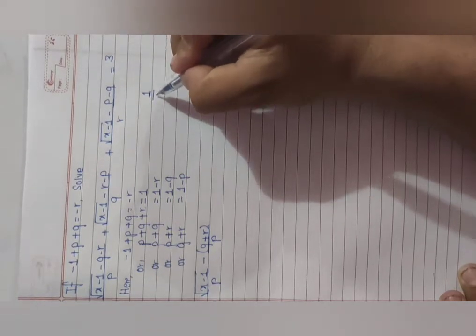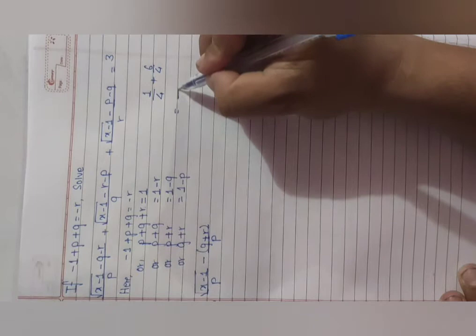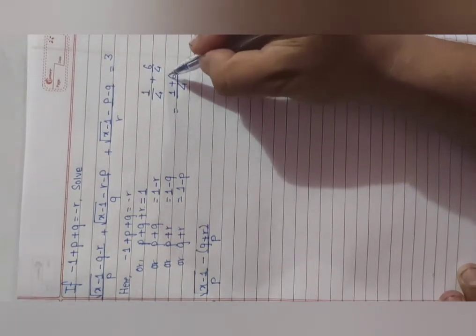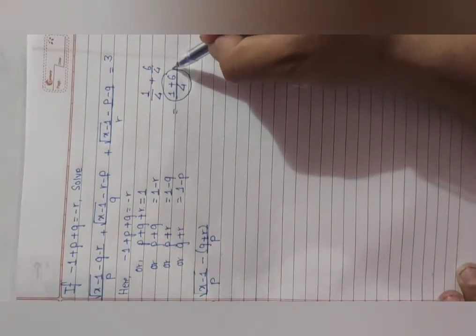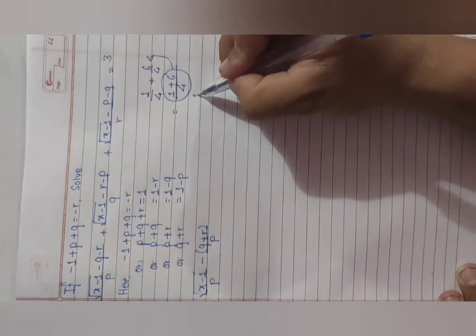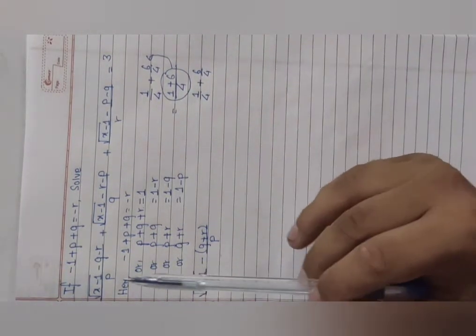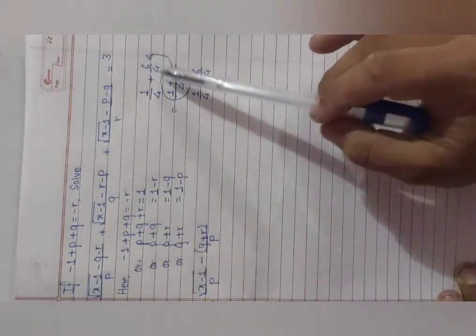If you have 1 by 4 plus 6 by 4, then we can write it this way. We can take LCM 4, and 1 plus 6 will be the same. The step that I have done here is just the reverse of this step. The reverse of this will be 1 by 4 plus 6 by 4 in the same way. Now this denominator p, I have distributed it in this way, just the reverse of this step.